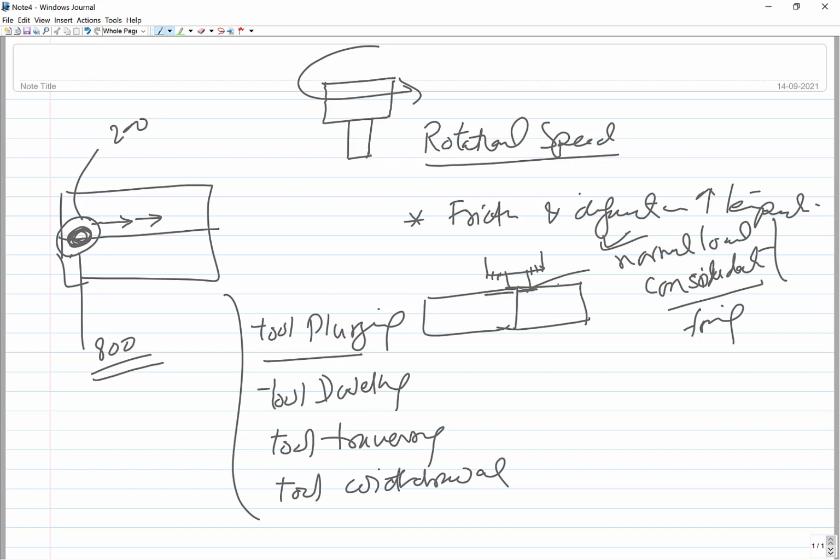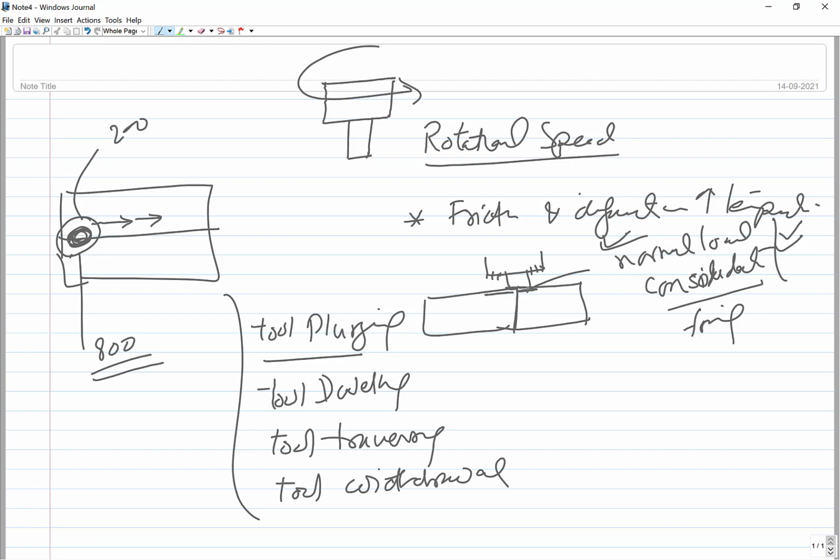Okay, so that will be dictating the normal load, basically the depth up to which the tool shoulder is getting plunged into the workpiece, while the tool pin is plunged completely in at the weld line, so that it generates enough heat.